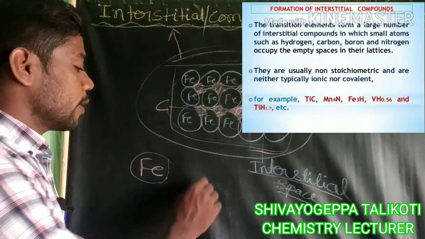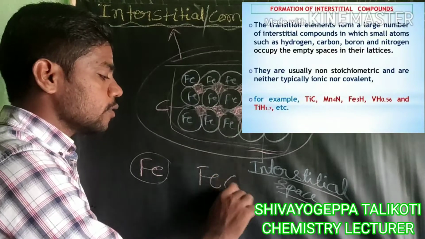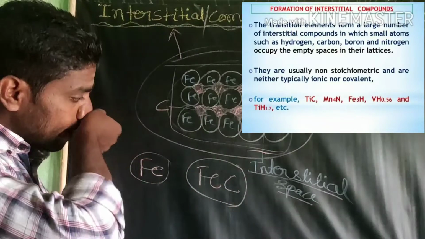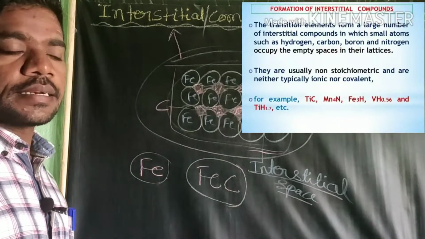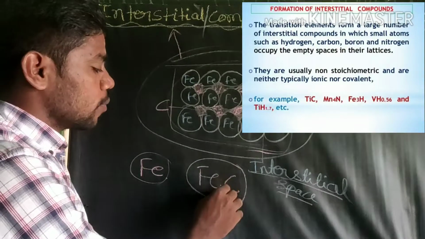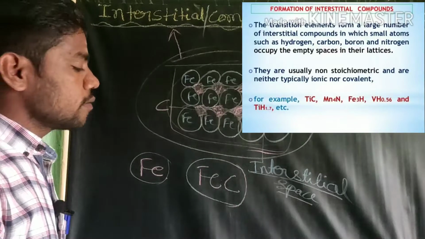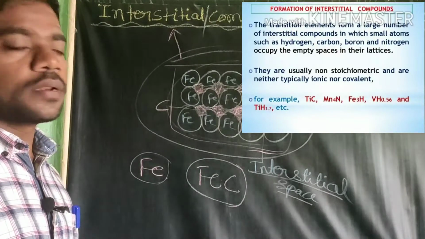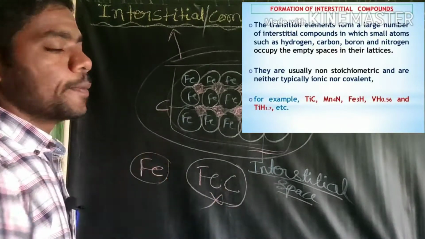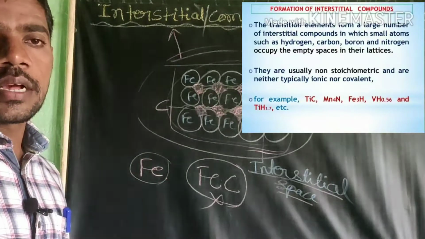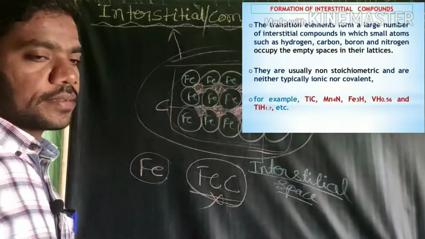But when we make iron with carbon, iron carbide, an interstitial compound, this iron carbide does not show corrosion. That is what steel is.